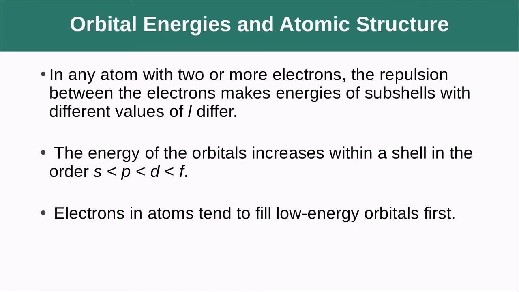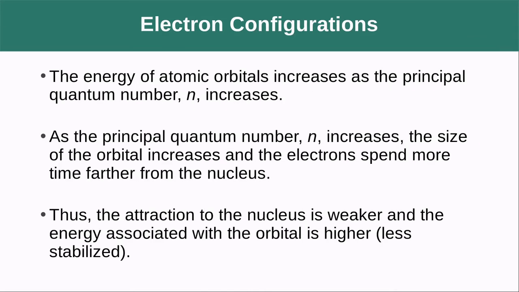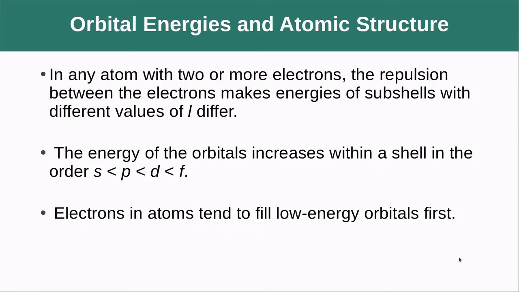So, you can almost think about this like a satellite leaving the Earth, right? You have to put more and more energy into it in order to get the satellite further and further away from the Earth. In any atom with two or more electrons, the repulsions between the electrons make energies of subshells with different values of l differ.